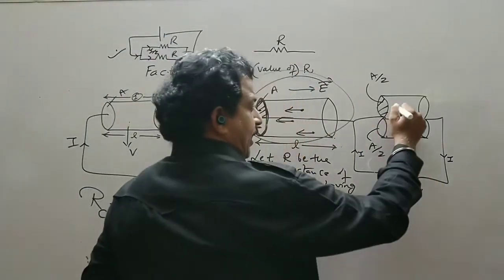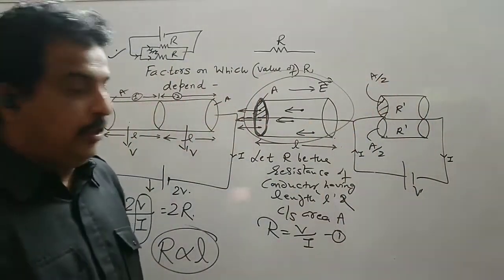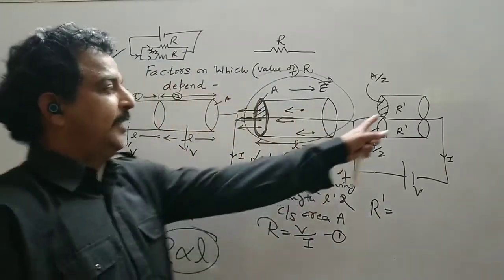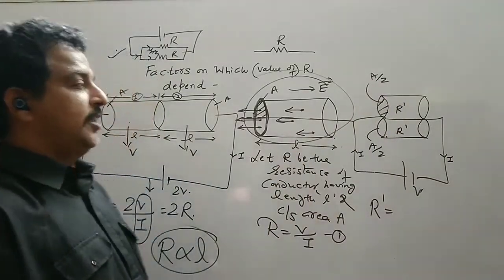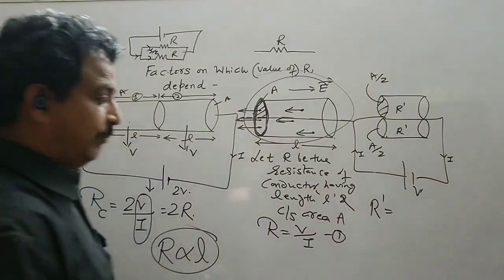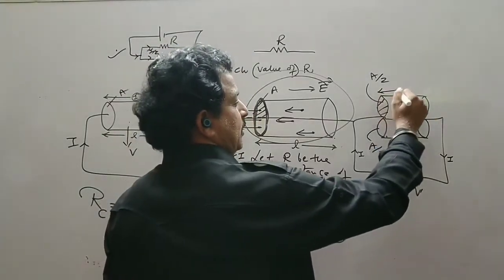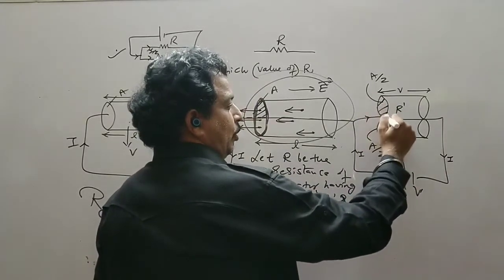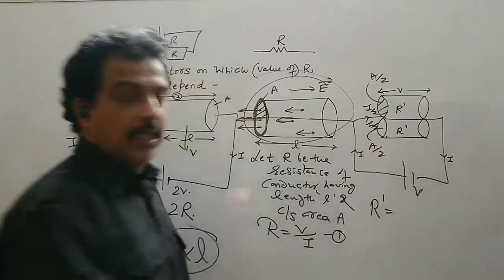So if R dash is the resistance of each cross section, R dash is the resistance of each slab. In this situation, the potential difference across this is V only, but the current flowing through this, after division, becomes I by 2, and here also the current becomes I by 2.